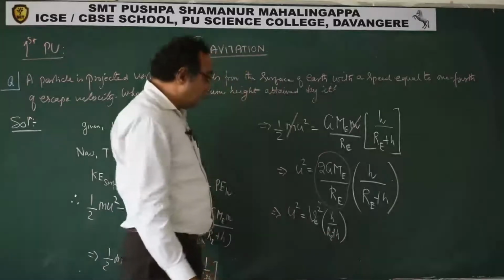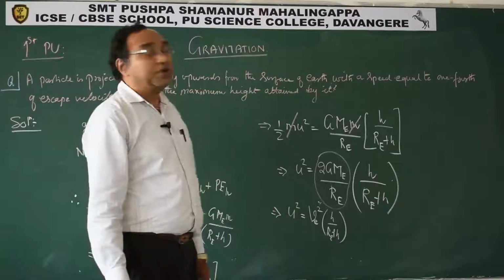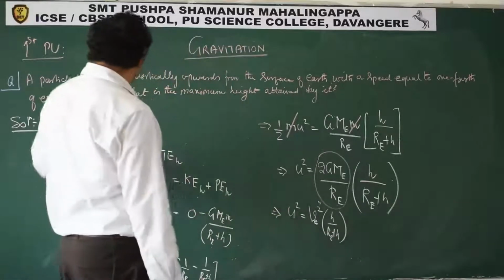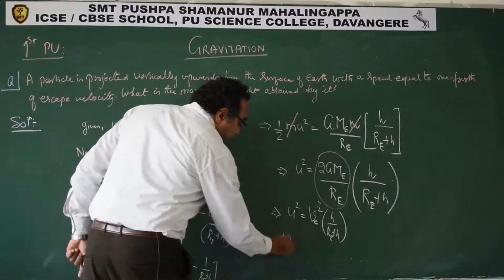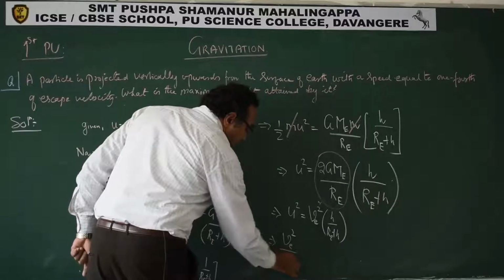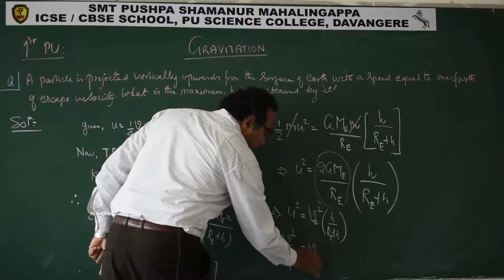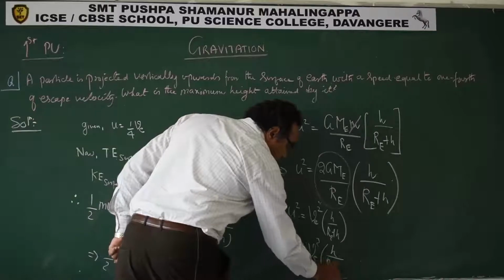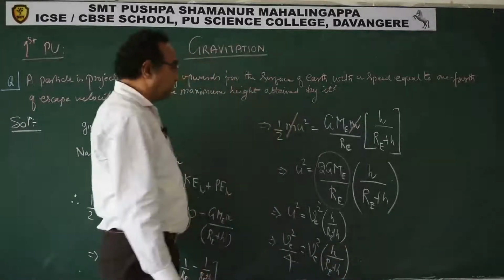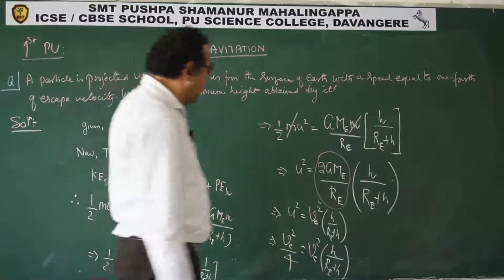This is what we can write. Now substitute the value. How much is u? u is said to be 1/4 of Ve. Square it. So we have Ve square by 16 is equal to Ve square into h upon Re plus h. This is what we have. Simplify this. Ve square cancels.